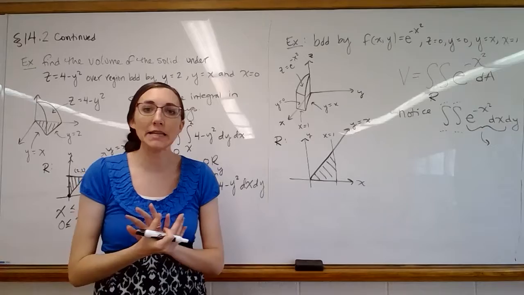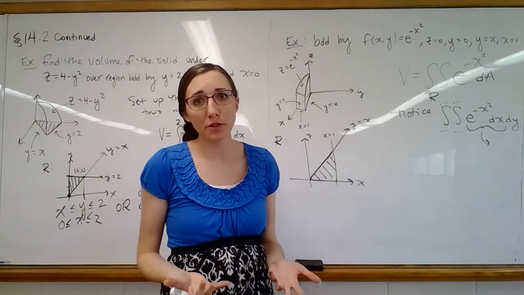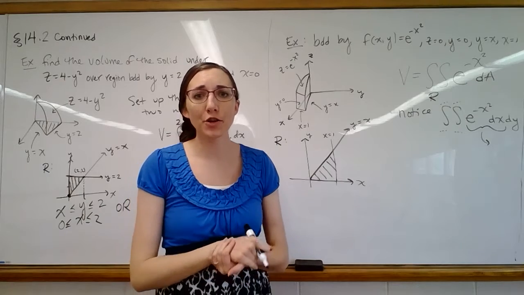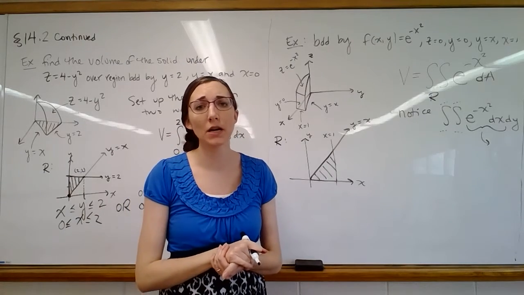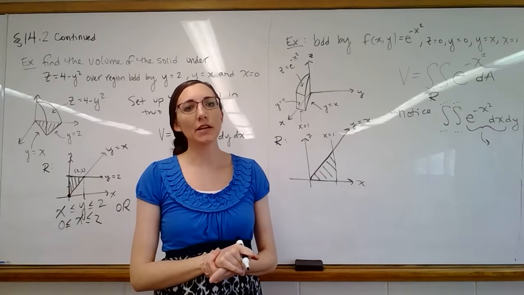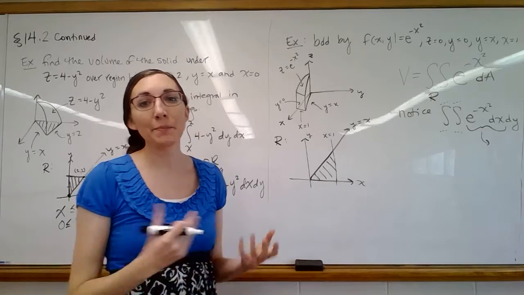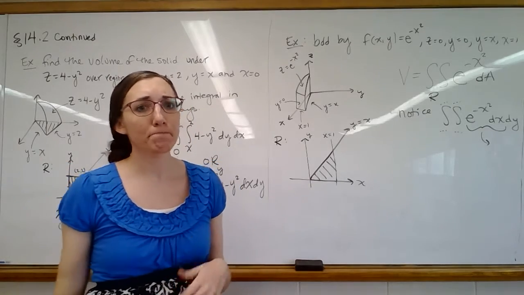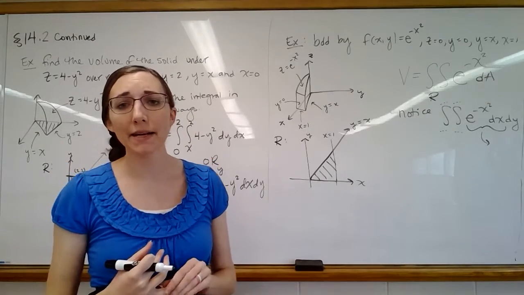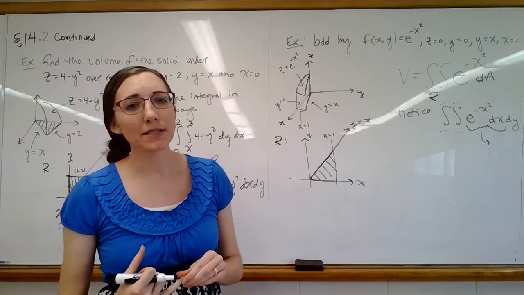For something like e to a function of x, you would probably use u substitution, or you might try product rule or any of those things. If I think about u substitution here, my u would be that negative x squared, but then my du would have to be a negative 2x dx, and I don't have an x dx, so it's not going to work out.